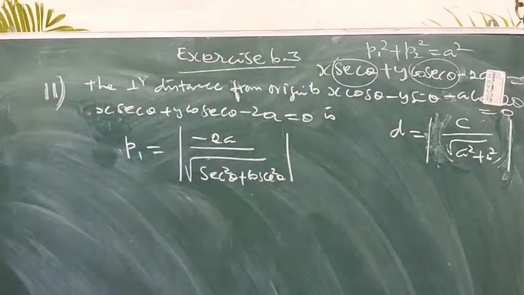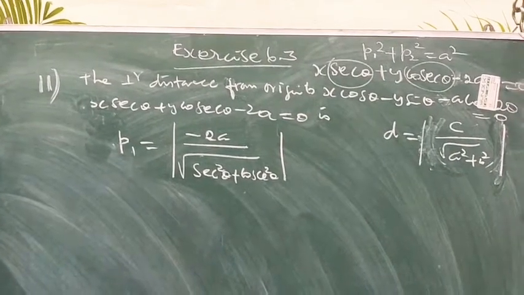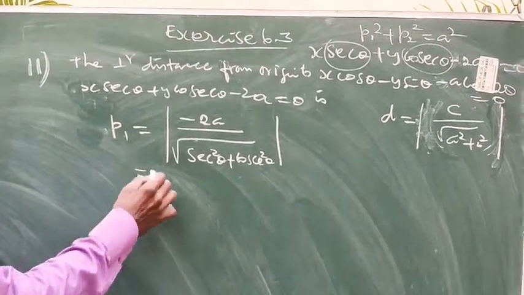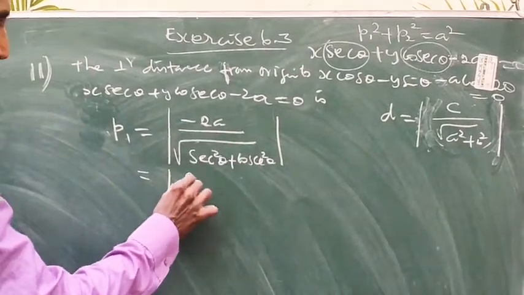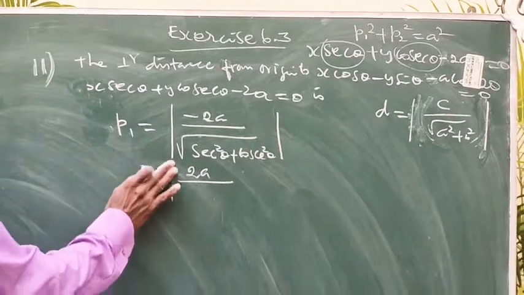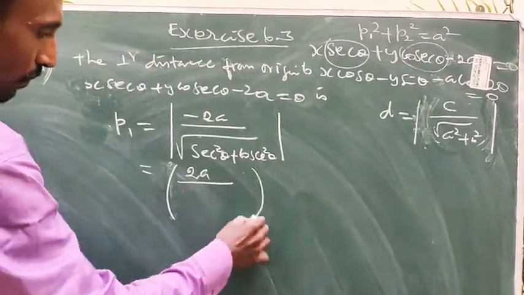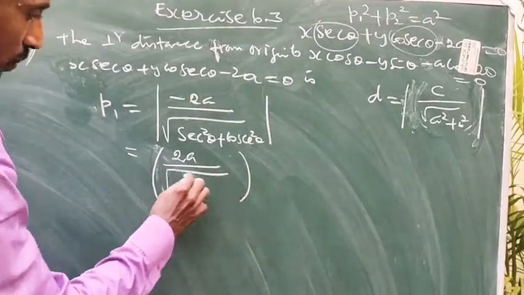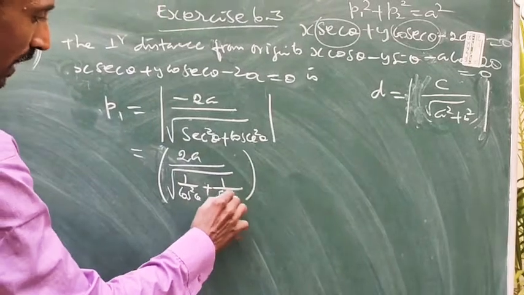So secant square can be written as 1 by cos square, and cosecant square as 1 by sin square. We can leave this modulus because of the minus sign. So 2a by root of 1 by cos square plus 1 by sin square.